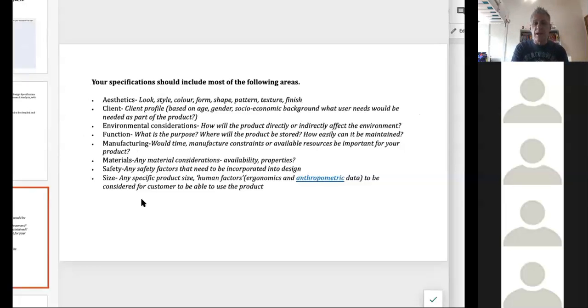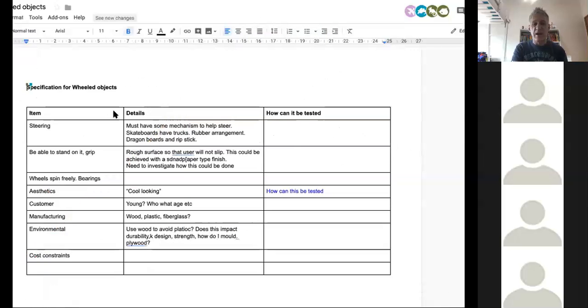So there's the list. All right, let's have a look back and see now if we're adding anything in here. Has anyone started doing any typing in here? No? You don't feel like you can? What about if we put down here manufacturing requirements? All right, now let's just pretend instead of the wheeled object, we're doing the chair.